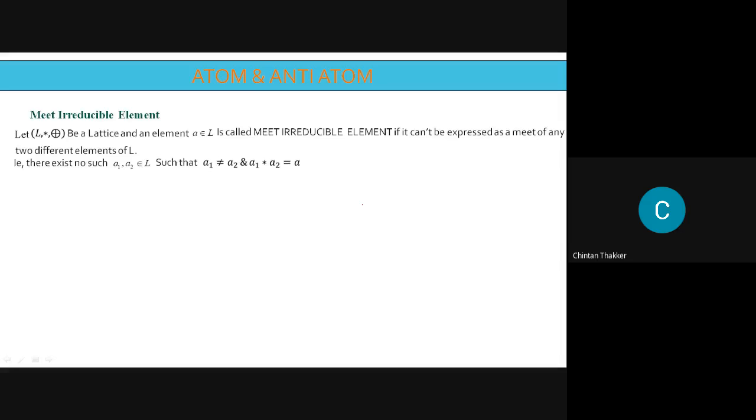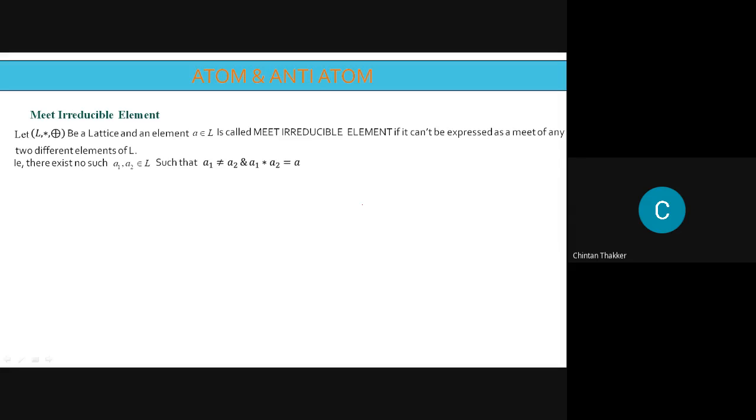The difference is that for join irreducible, there do not exist two different elements such that the LUB of those two elements is A. Here, there do not exist two different elements such that the GLB of those two elements is A. Okay, that means in a hash diagram the line coming from upside is only one.